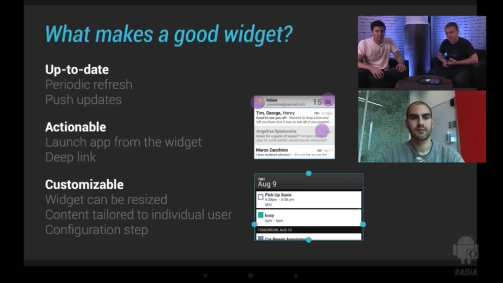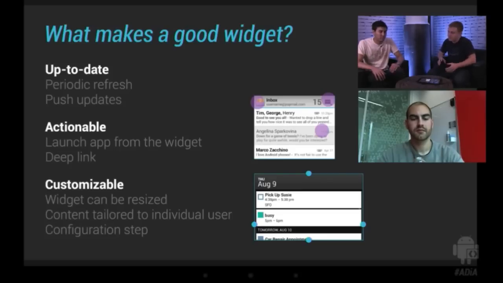The other thing is that you generally want to show information that's custom tailored to the user. For example, if it's a reader type thing or a feed consumption app, and the user has a list of favorite feeds they want to see, make that the default option, but let them obviously customize if they want to change things around. And also note that there is the option of a configuration step.